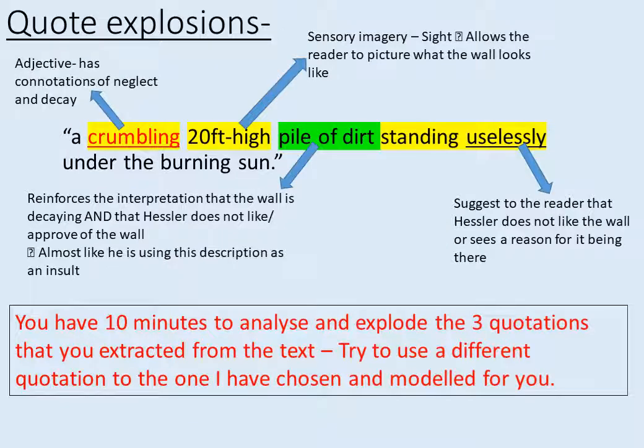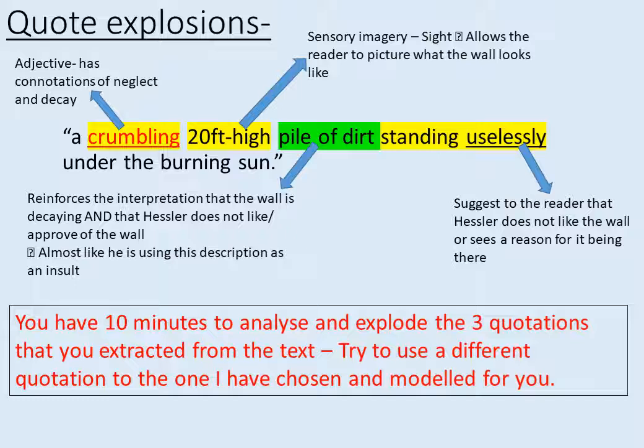Okay, so this is an example of a quote explosion. If you chose the quote, "A crumbling 20-foot high pile of dirt standing uselessly under the burning sun," this is what you might have analysed. Crumbling: adjective, has connotations of neglect and decay. 20-foot high: sensory imagery, sight. Allows the reader to picture what the wall looks like.